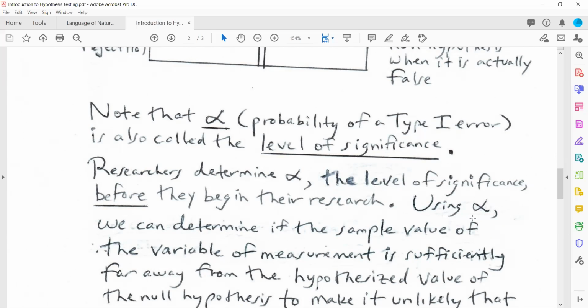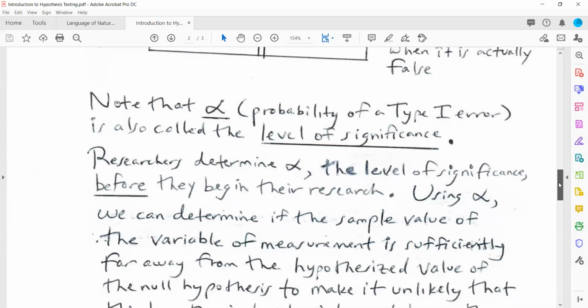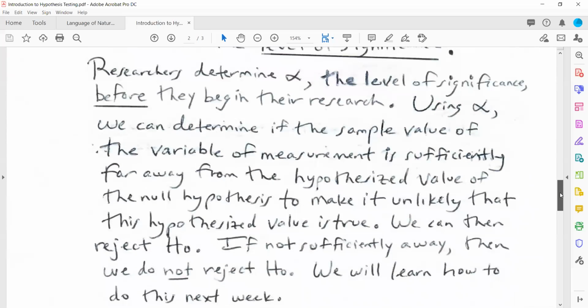Now, it says here that the researcher will determine this before they begin the research. Once they do their research, they're going to use this alpha to determine if the sample statistic, either the sample mean or sample proportion, is sufficiently far away from the hypothesized value of the null hypothesis to make it unlikely that this null hypothesis is true.